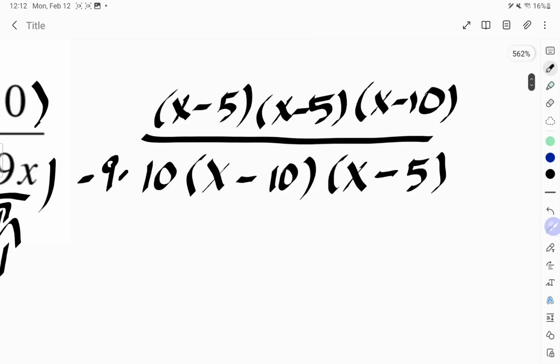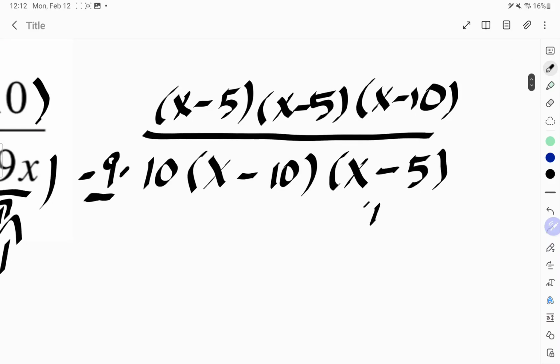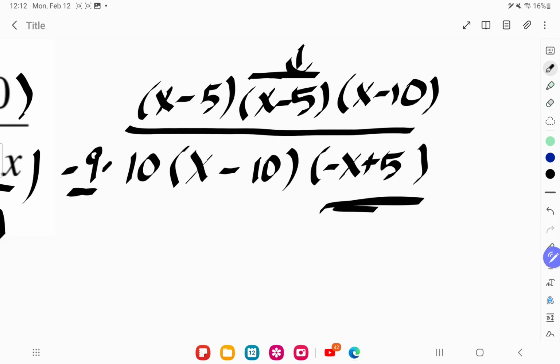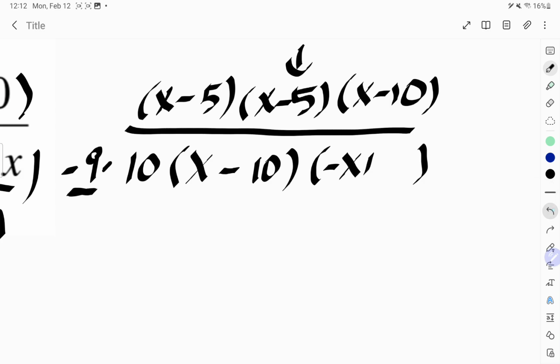This is the reason why I factor out a negative 9: this guy is going to cancel out with this guy. If I didn't do the negative, I wouldn't be able to cancel it out, because instead I would have gotten negative x plus 5. As you can see, this is not the same as this, so I can't cancel it out like that. So I actually need to factor out that negative 9 so I can get that x minus 5.